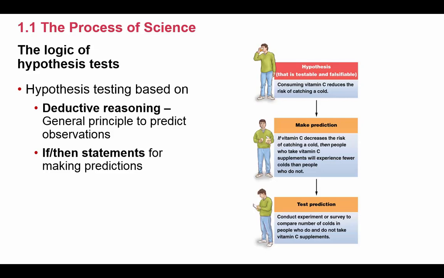Deductive reasoning is a prediction that we think will explain the possible outcome. It's just a prediction. A lot of times you'll see it written as an if-then statement. If vitamin C reduces the risk of catching a cold, then people that take vitamin C will have fewer colds. That is deductive reasoning.